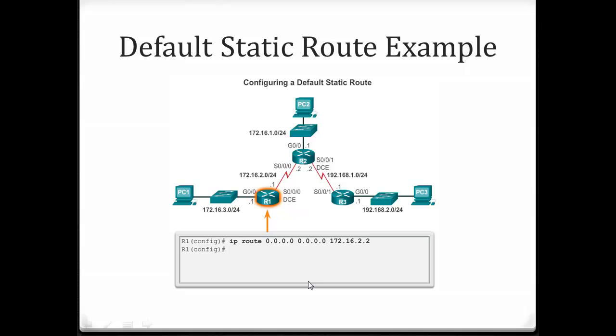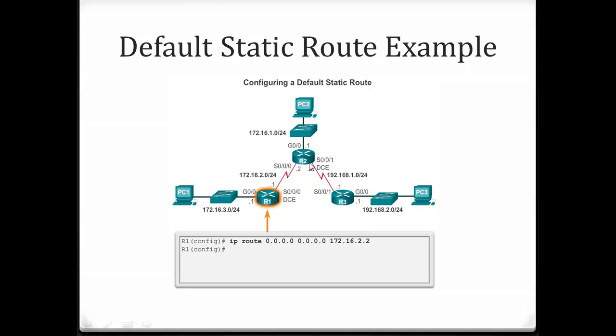So if it got a packet that was destined for the 192.168.2.0 network that would hit R1, R1 would look for a specific route to the 192.168.2.0. It wouldn't have one. It sees this default route or gateway of last resort, and it would then send it up to the next hop of 172.16.2.2.